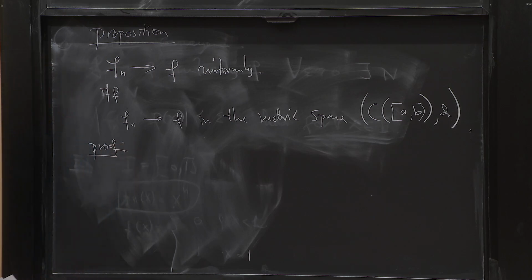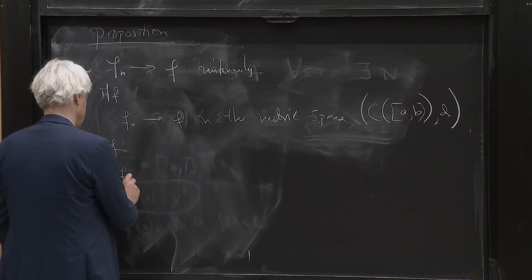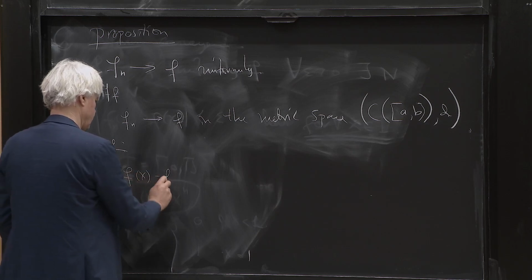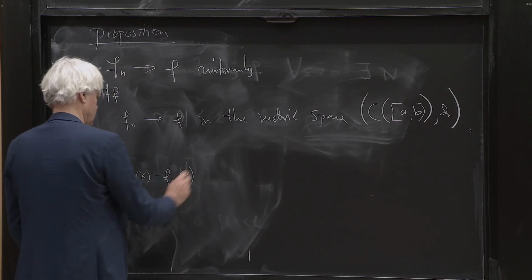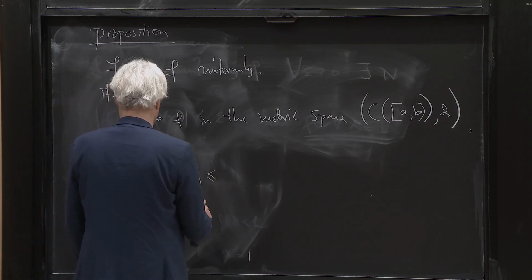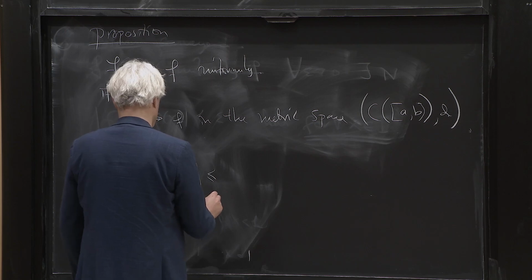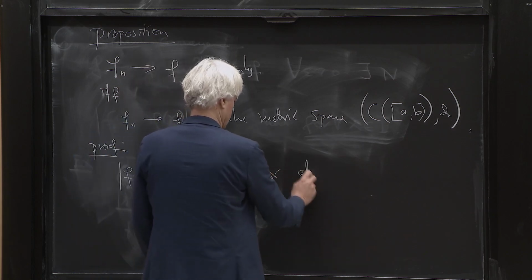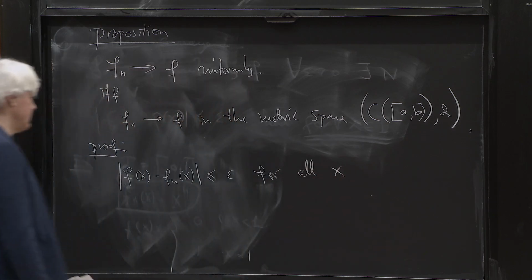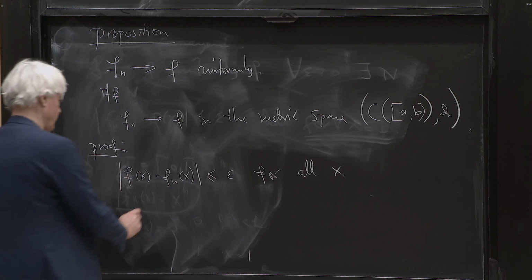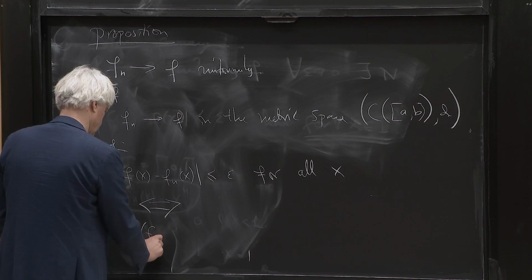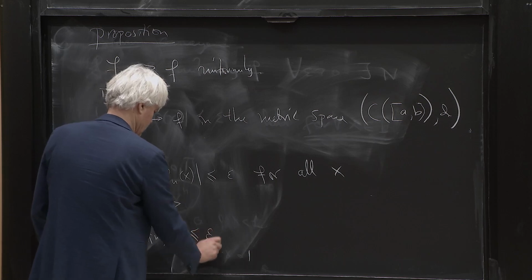To say that |f(x) minus f_n(x)| is less than or equal to epsilon for all x is equivalent to saying that the distance between f_n and f is less than or equal to epsilon.